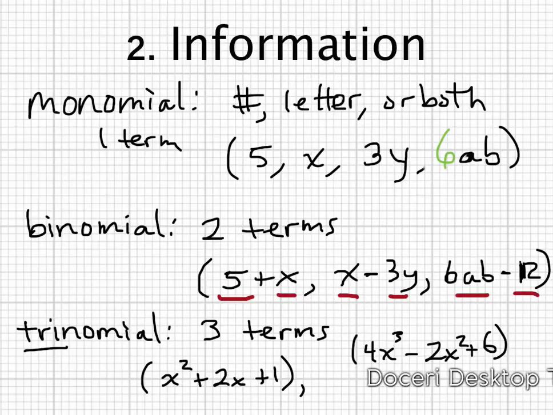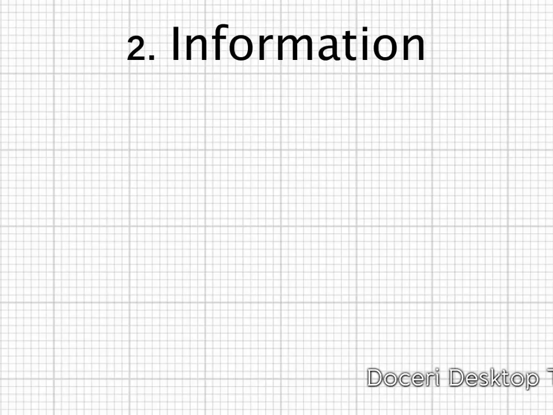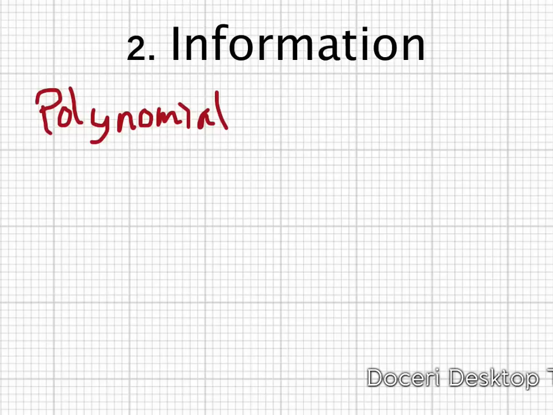So we got monomial, we got binomial, and we have trinomial. When you put them all together, you have what we call a polynomial. And a polynomial means many terms, and basically, that means more than one.